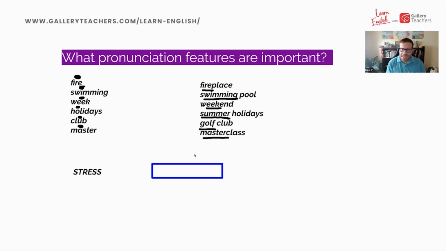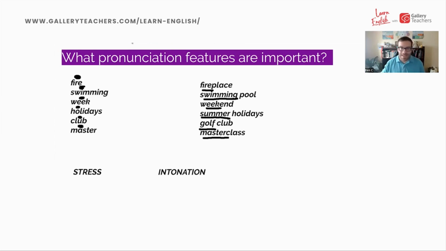But stress isn't the only thing. We can also think about the intonation, because stress and intonation are connected. What is stress? Normally, with stress, we mean that a syllable is stronger, longer, and louder.